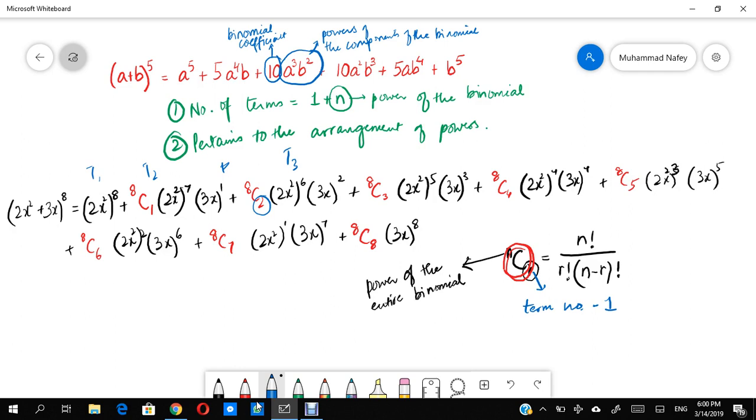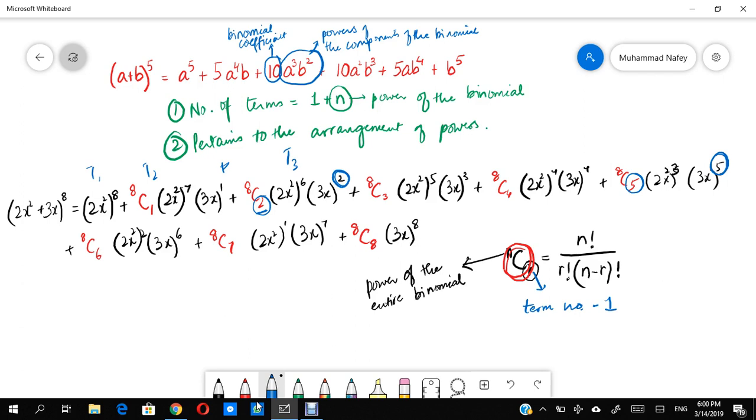The second thing is that whatever R is, that is always the power of the second component of the binomial. See, we have R as 5 here, and R is the power of the second component of the binomial as well. This tells us a very important thing, that R will always be the power of the second component of the binomial.